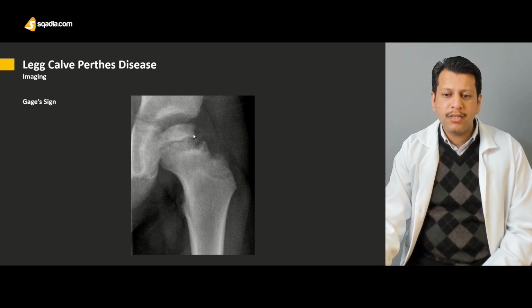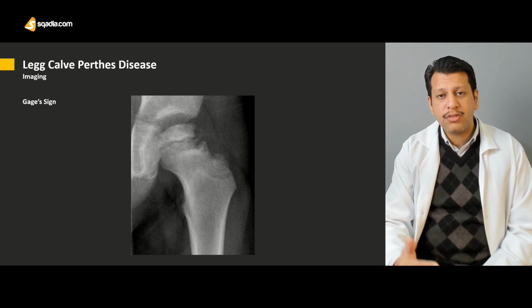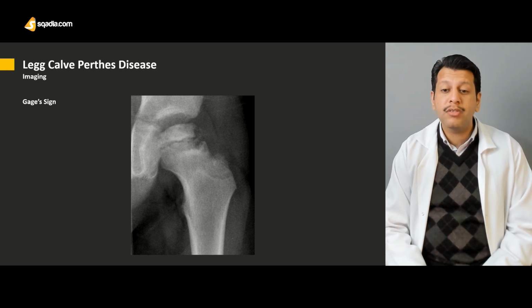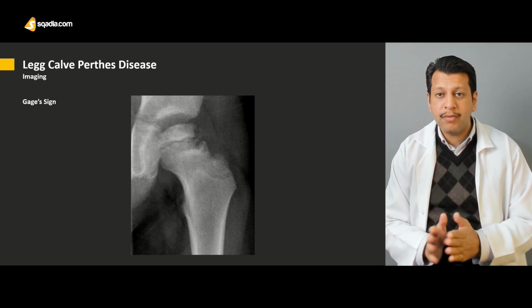There is a V-shaped sign due to fragmentation and necrosis. The bone has a dent on the lateral pillar. This V-shaped sign is called the gauge sign, which is very evident once the infarction stage is crossed and fragmentation is just about starting. This is also one of the signs which may point towards the diagnosis of LCPD.